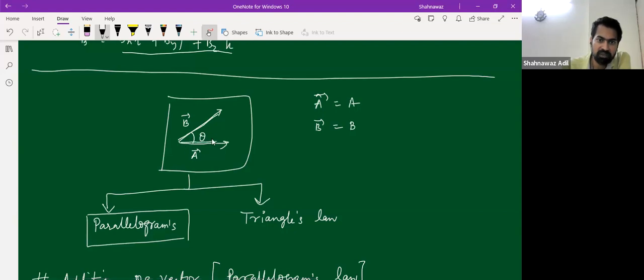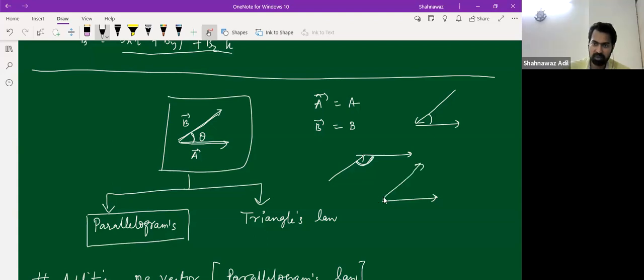If it is given like this, let me draw it like this, this would not be the angle. Only we can measure the angle between the two tails. They are co-initial, and this has to be between the two tails. Understood, guys? So this will be the angle between those two vectors.